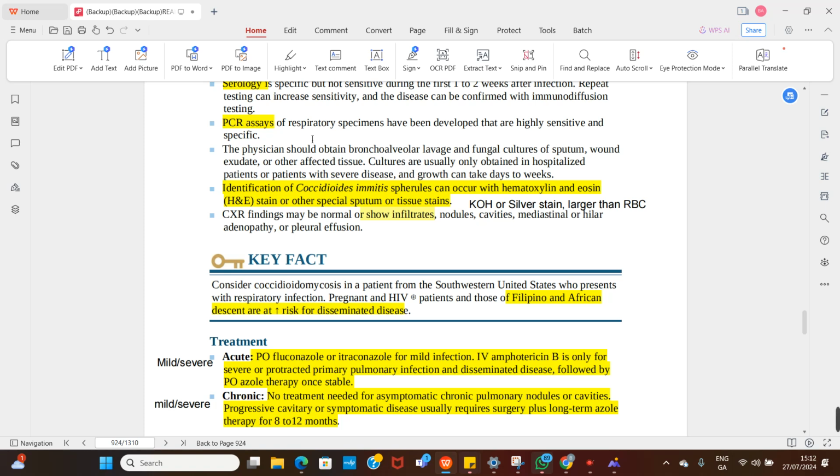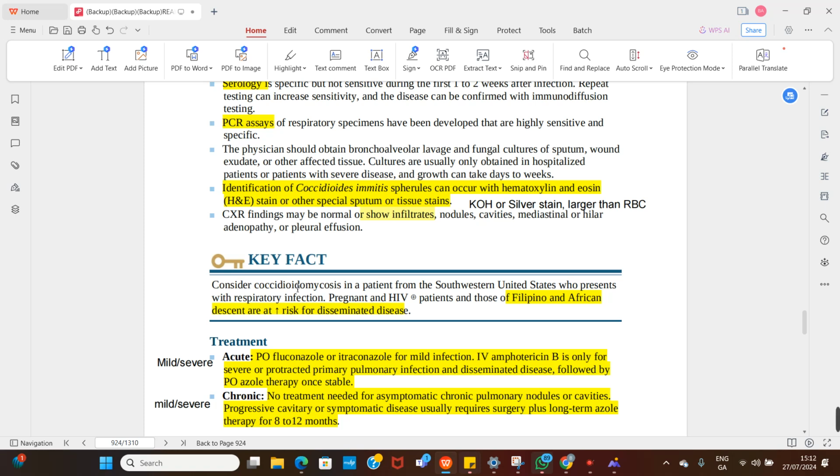You only give drugs, which is your itraconazole, and surgery, to remove the cavities only if the cavities are enlarging progressively or the person is symptomatic. Do you understand that distinction? Once you get that distinction, you can never forget the treatment again.